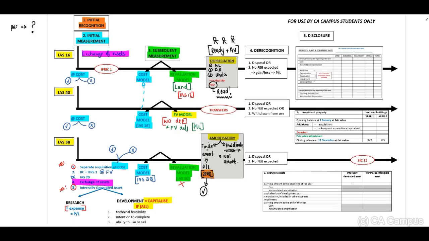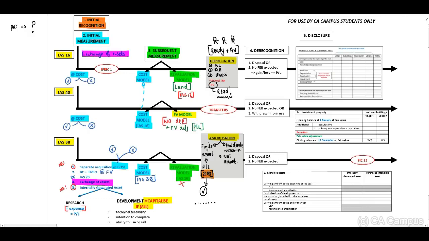In a theory question, it is important that you are able to discuss that there is an assumption that there's no useful life unless, and please ensure that you know the paragraphs related to finite useful life.